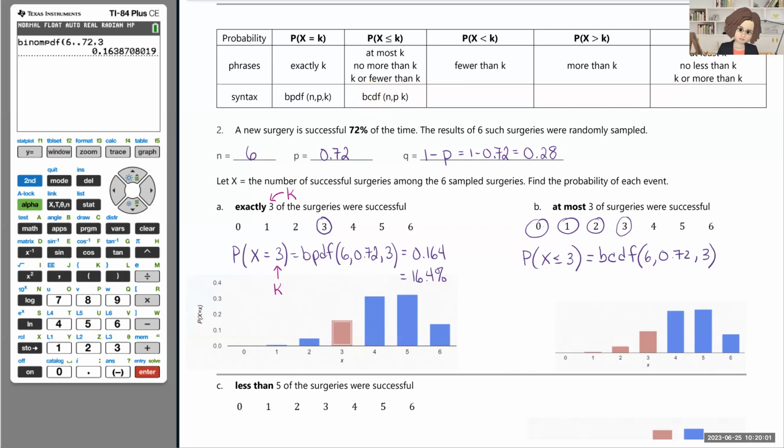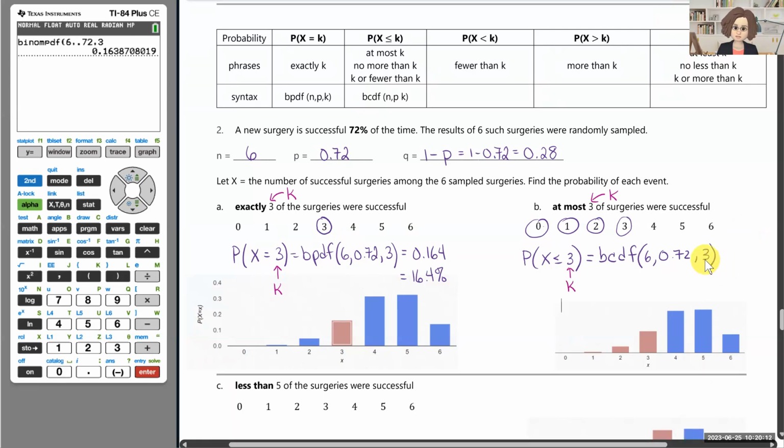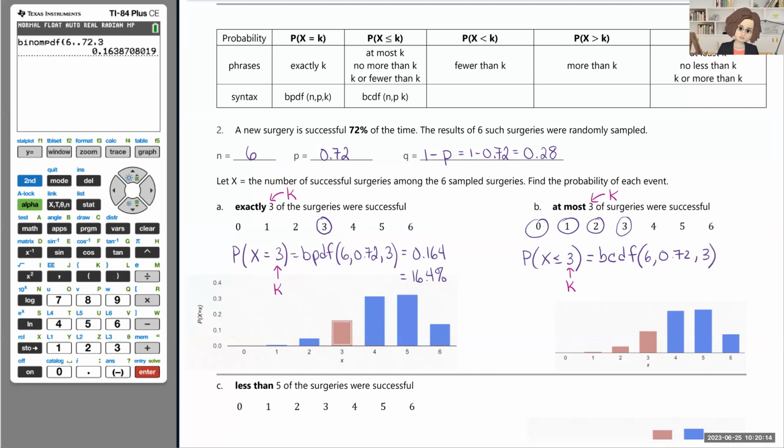So again, that value in the problem, k, that's what we're writing there, and then we're just ending there with that value as the third entry into your binomial CDF. All right, so back to our distributions.